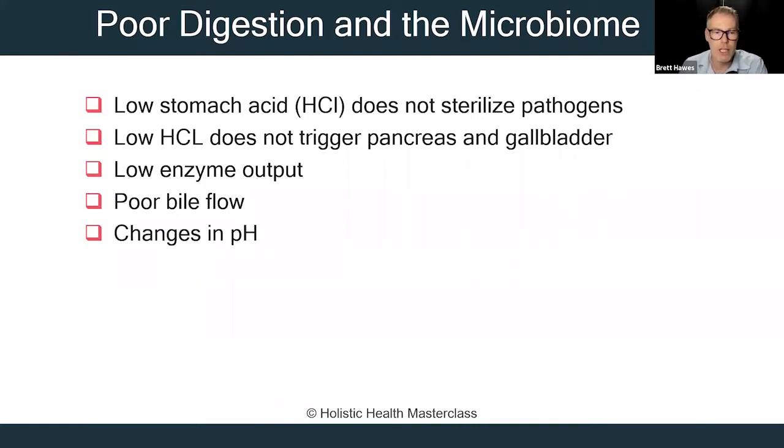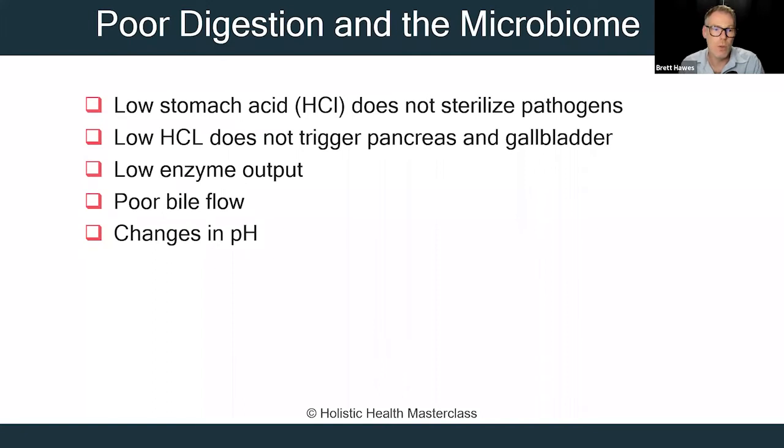Now, when changes in pH happen, whether it's too high, too low, and whatnot, you're going to have a whole bunch of things happen, because certain organisms thrive in certain pH ranges. And as soon as you step outside of that, one, we lose our beneficial organisms because they get killed.